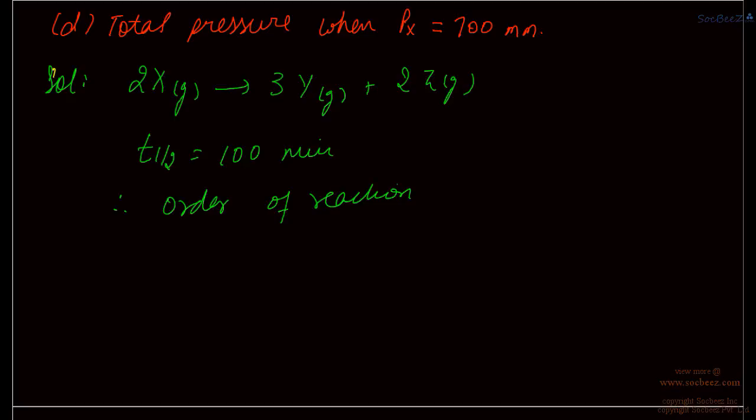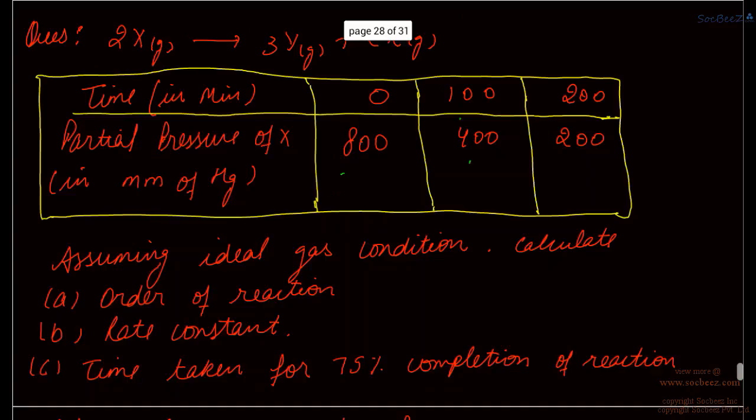Now therefore order of reaction is 1, because T half is constant. It is not dependent on concentration of x or the pressure of x at a particular instant.